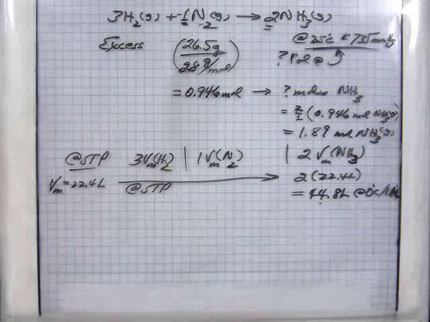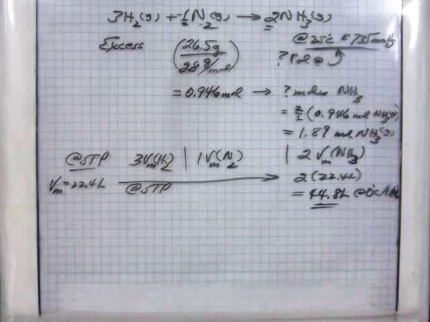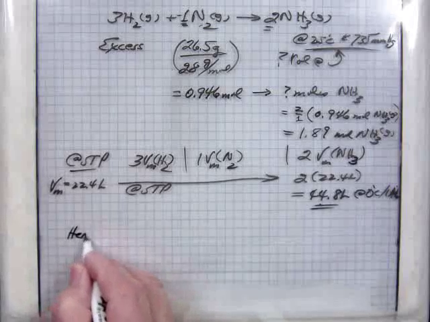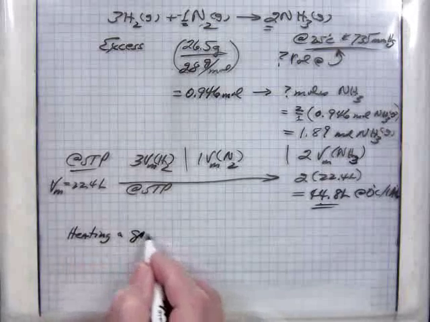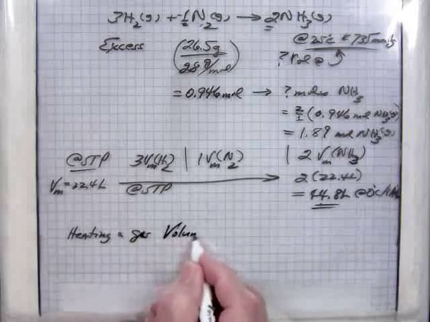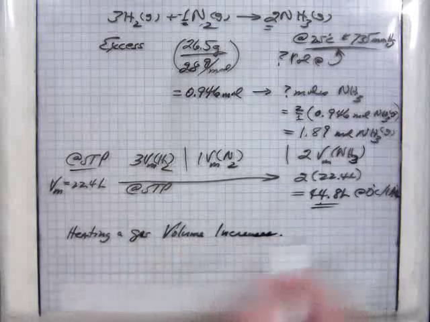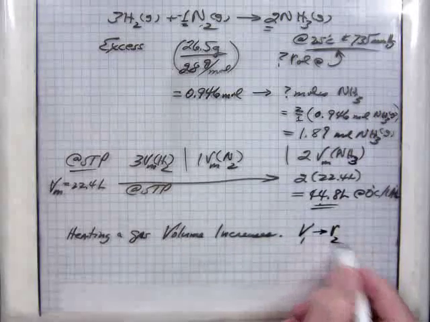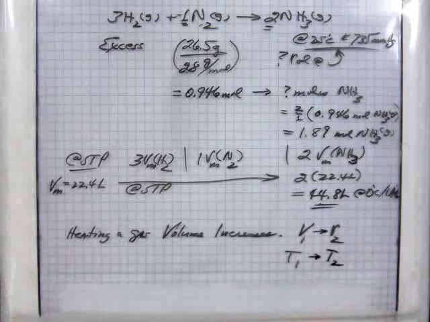Does the volume go up or go down? Goes up. And this is kind of an intuitive thing all students seem to understand. So heating a gas, volume increases. So we go V1 to V2 at T1 going to T2 is what we're talking about.